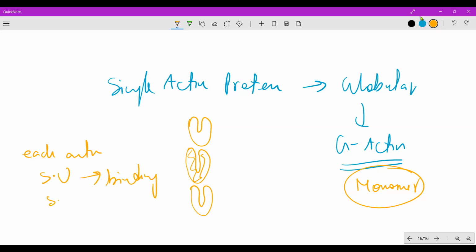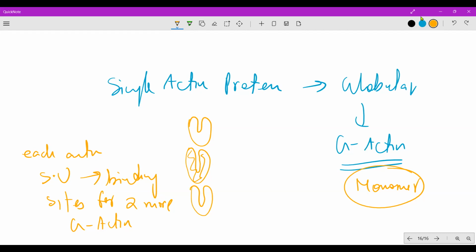It has binding sites for two other G-actins, for two more G-actins. Is this very clear? That means two more will come, interact with this, and polymerization starts.